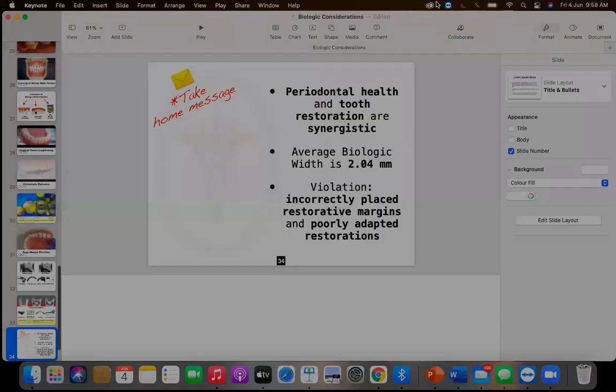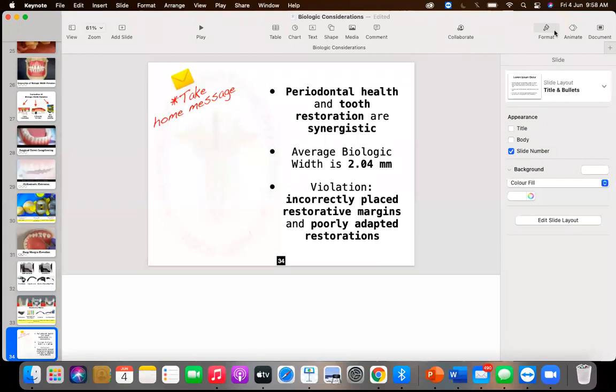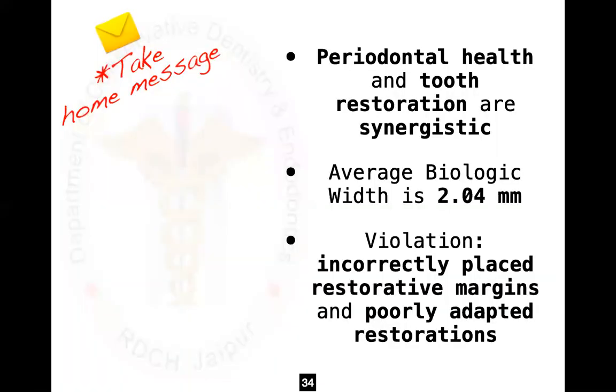Lastly, the take home message of this lecture is sweet and easy. It says that periodontal health and tooth restoration are synergistic. As I just told you, there is an intimate, inseparable relation between them, like lovebirds. Periodontal health and tooth restoration, which is in your hand, go hand in hand, and it's a synergy between the two.